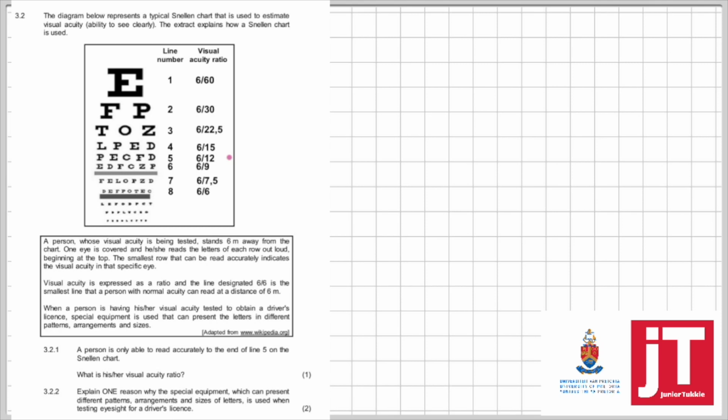This means that the pattern always changes every time you go for your learner's license or for an eye test. The reason for this is we don't want people to be able to memorize the order, and then when they go for their license, memorize it and cheat in their eye tests. That way you're not actually testing visual acuity.